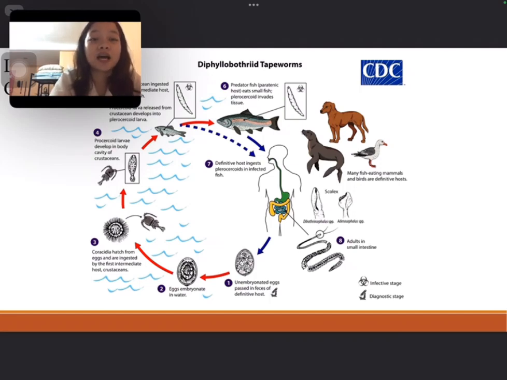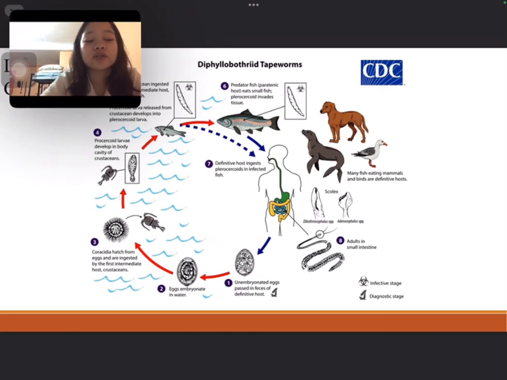These eggs hatch into larvae, which are then ingested by copepods, a type of microscopic crustacean. Within the copepods, the larvae develop into the infective stage known as procercoid larvae.